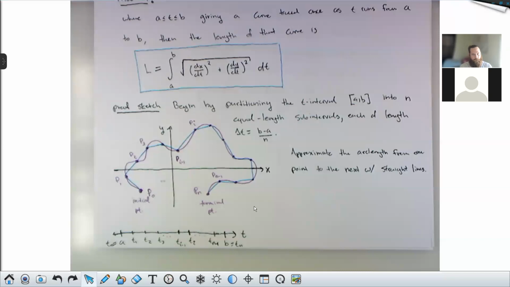So in the end, what we're going to do is send the number of points, which is n, to infinity. But before we do that, I need to find a formula for the blue length. So that's what we're going to do next. And then once we have that formula, we'll send n to infinity. Everybody with me so far?